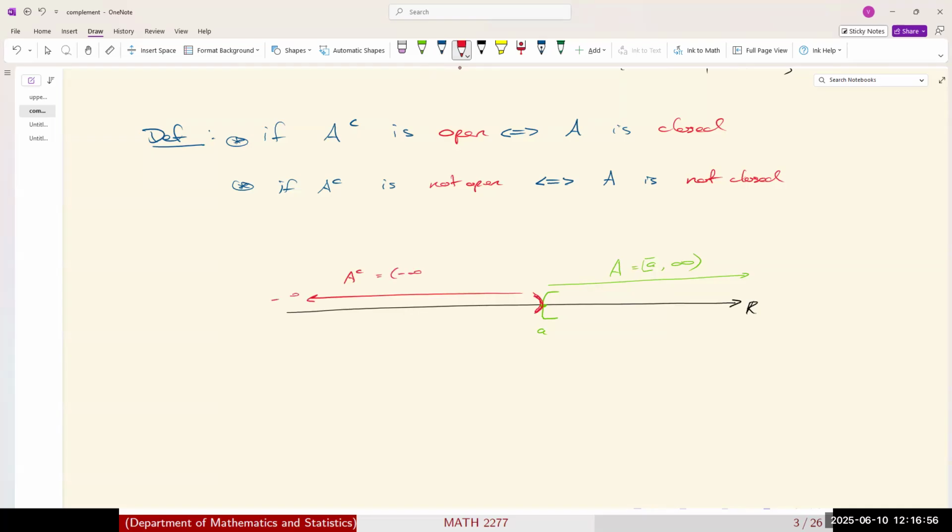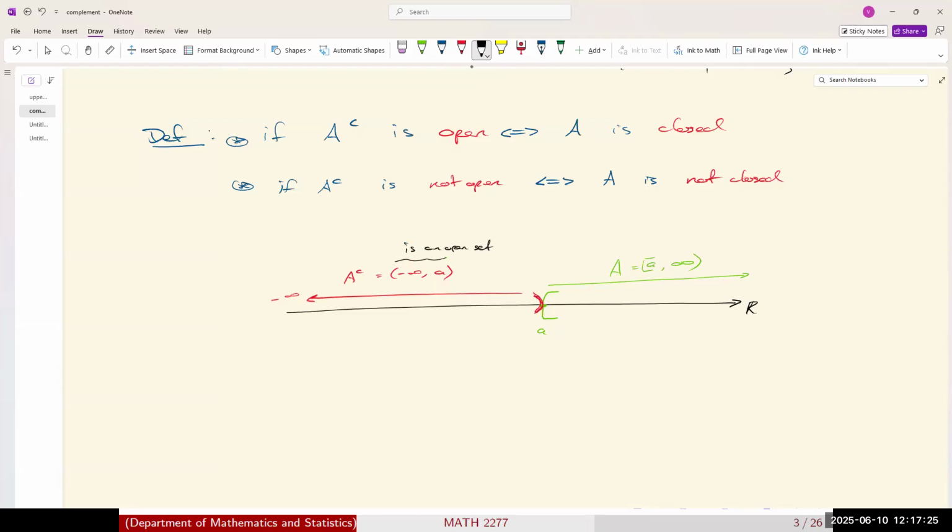It goes all the way down to minus infinity up to A, but not including A, because the original set contains the point A. So the complement cannot contain A. So that's open at that end, right? And we know that any open interval of this form we showed yesterday is an open set. So this set here is an open set.